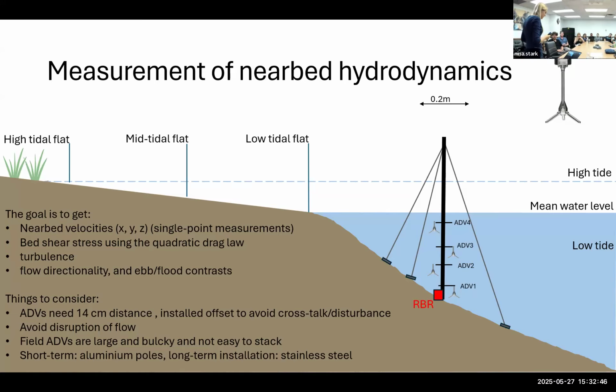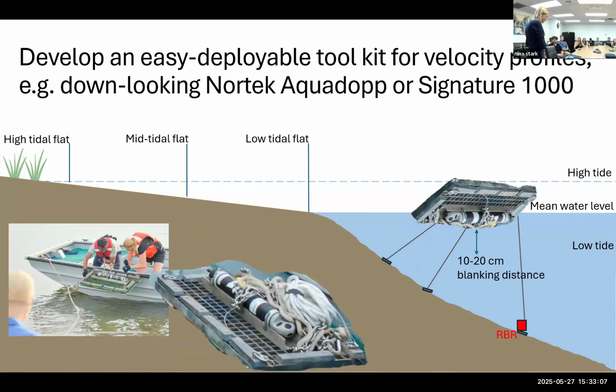Field ADVs are also a little bit larger and bulkier, so when you want to deploy them on one tripod, you need to see how you can do it. And then also the question: do you use aluminum, PVC, or stainless steel, for instance? Of course, all the time combined with an RBR, a pressure sensor, to get information about the water levels.